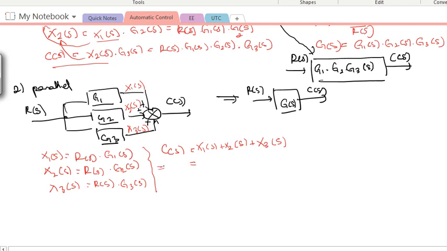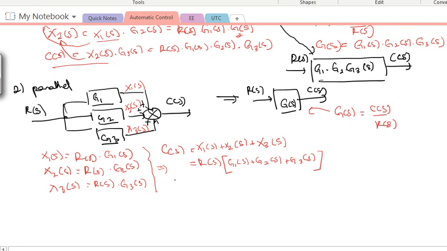And we know the value of X1S, X2S, X3S over here. So what are they equal to? They are all equal to RS multiplied by the transfer function. So I can factorize RS. So it is RS multiplied by G1S plus G2S plus G3S. So by now, the transfer function GS here, we know that GS is CS over RS.